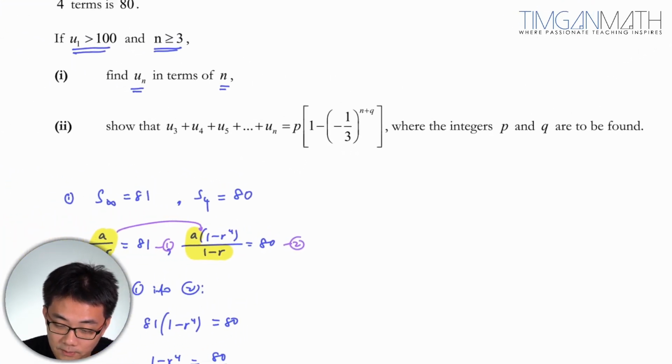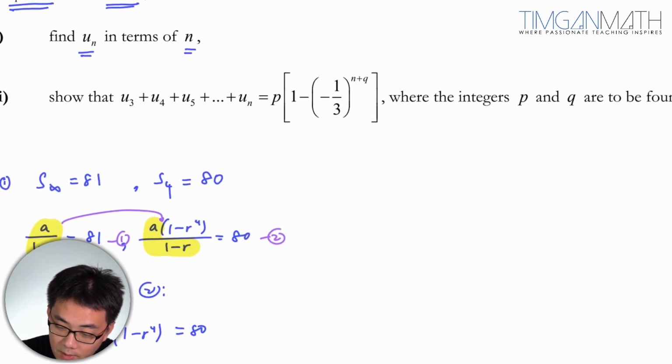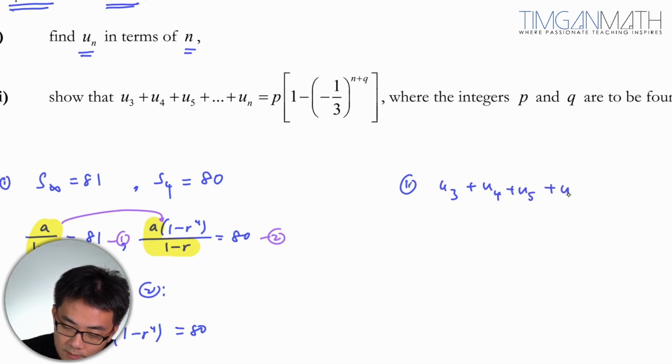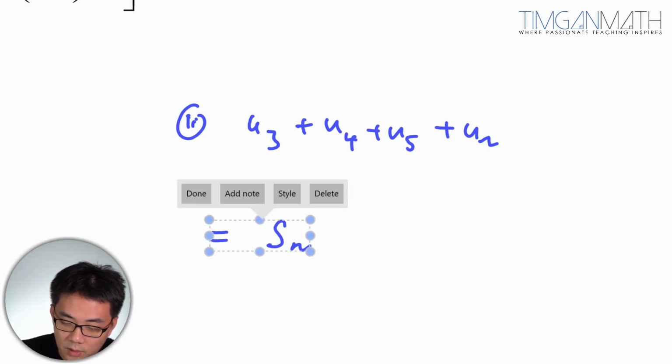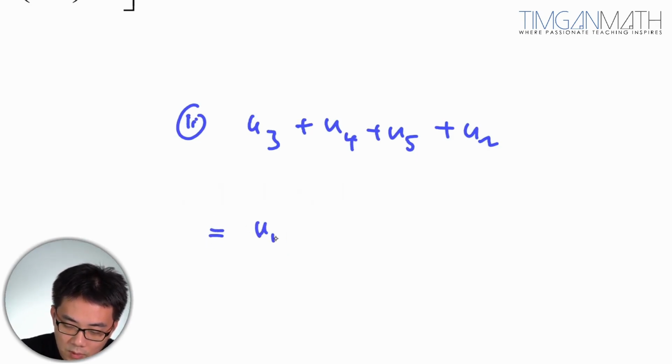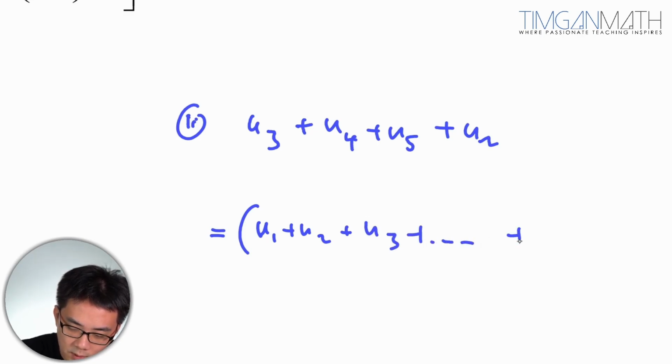For part 2, you want to sum from the third term all the way to the nth term. So in other words, this is the sum of U1, U2 all the way to Un, minus U1 and U2, to leave U3 all the way to Un.